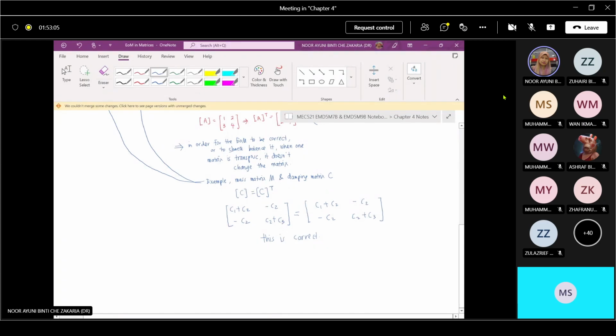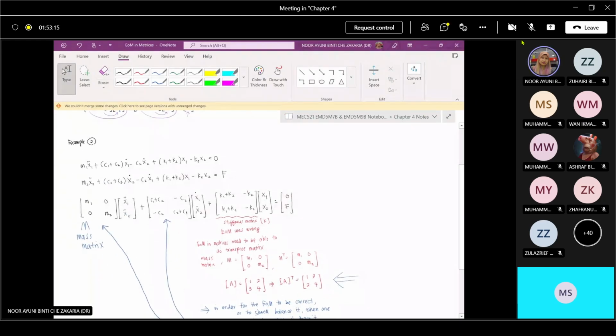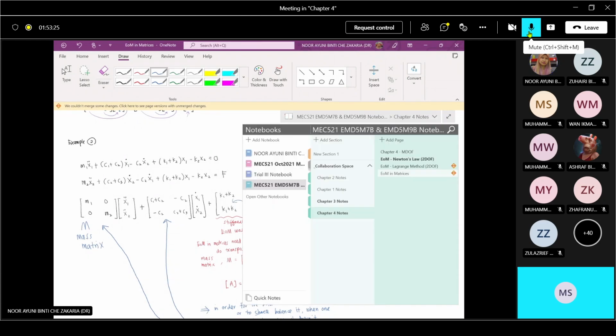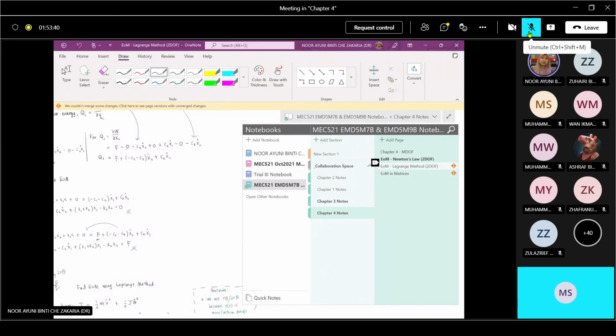So probably we have made some mistake previously during the calculation. Apa yang saya salah ya? Sepatutnya K2 ni duduk sebelah sini. Atau saya copy equation yang sama. Ya, saya copy equation yang sama ya. Let's see. Sebab nampak sama ya, tapi ada C2 dengan C3.